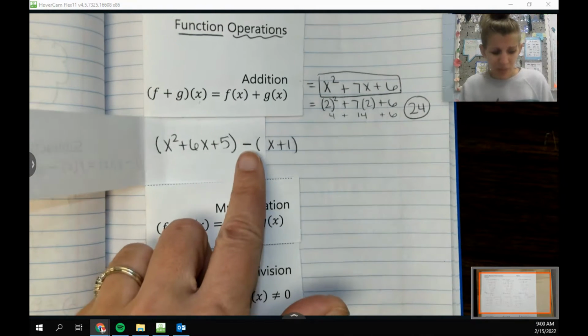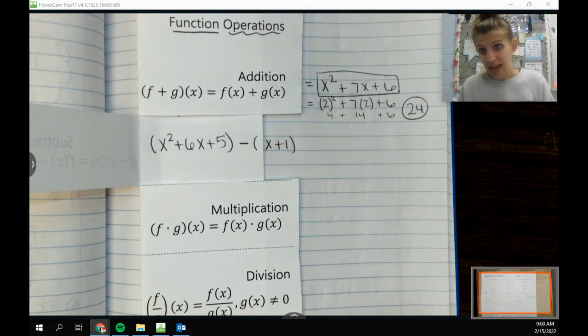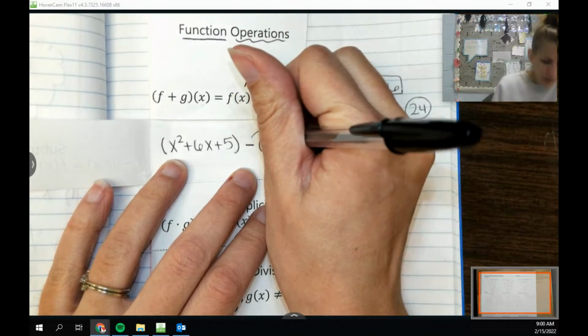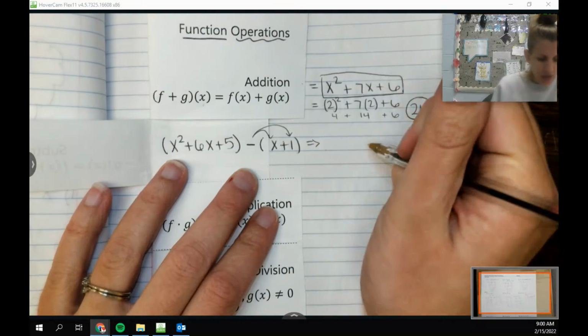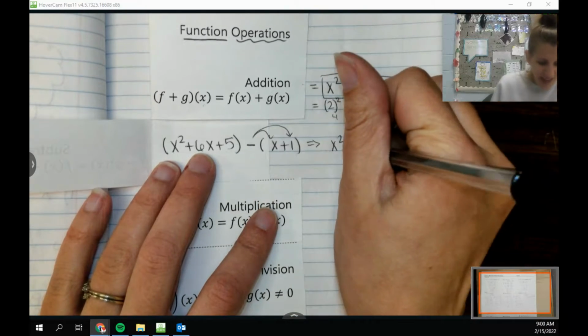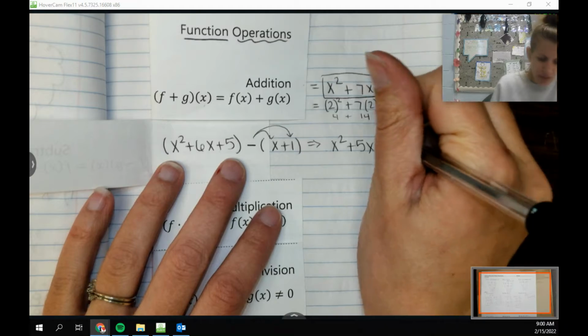If I just put minus x plus 1, I might think that I'm only subtracting the x, but I really need to subtract all of that function, so the 1 as well. So really it's just getting distributed in there. And if I combine like terms, we'll have x squared plus 5x and then plus 4 now. So we subtracted 1.